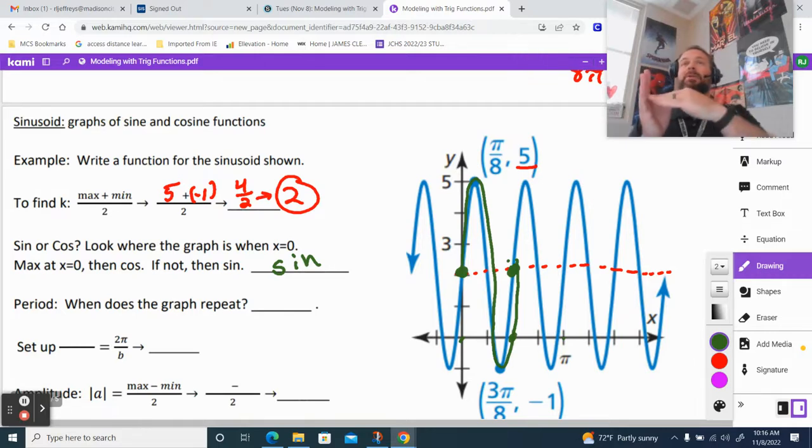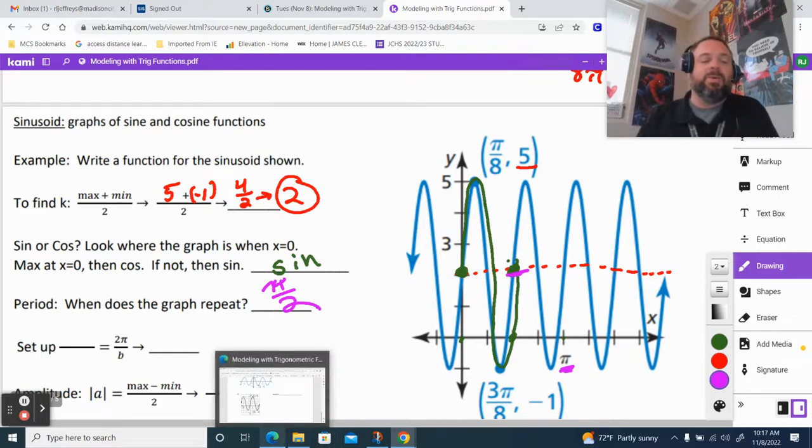Remember on a unit circle, pi went from one side to the other. Yep, that's 180. And then what's half of that? 90. All right, so what was that? Okay, guys, oh my gosh, this is not as hard as y'all are making it out to be. Look, if this is pi, where it repeats is halfway through it. It's pi over 2. Okay, so that's our period.